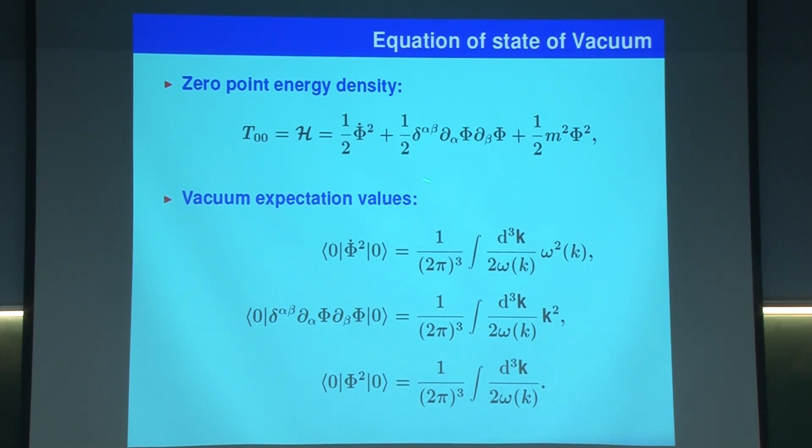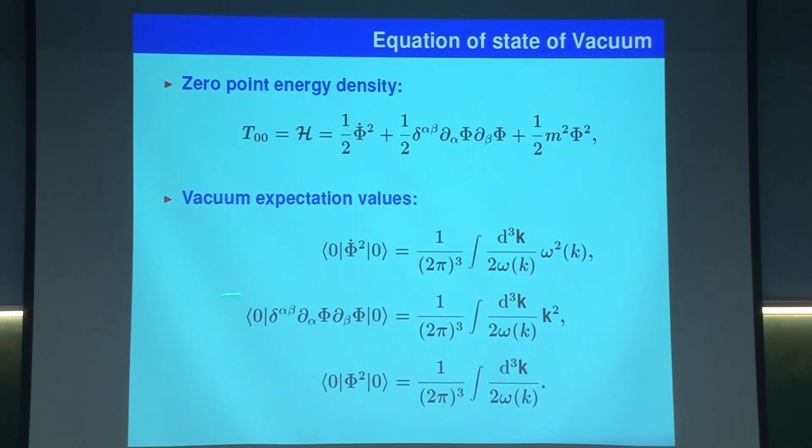So you want to compute the phi dot squared expectation value. You can almost look at it and write it down, because there is 1 over 2 pi cubed I can put under this d3k. Then this 1 over square root of 2 omega will give you a 2 omega factor, and this phi dot squared will give me an omega squared. So this is what you will get for this term.